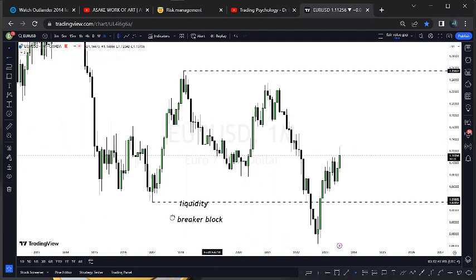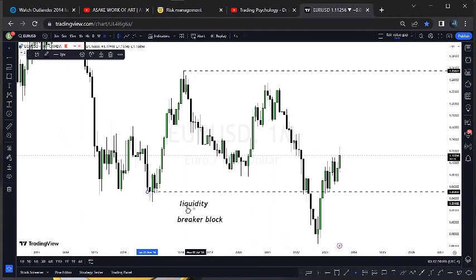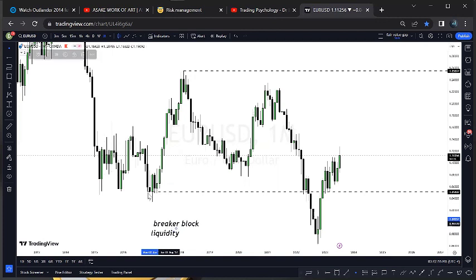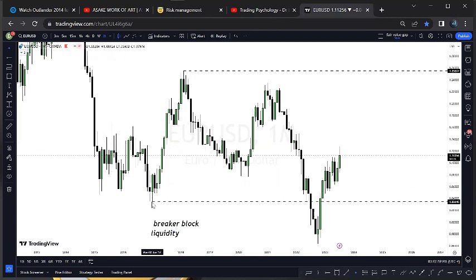So as far as ICT concepts is concerned, every support and resistance on any time frame you are on, be it 1 minute, be it 15 seconds, be it 1 month, as far as you have the resistance and you have the support, that is your external liquidity.